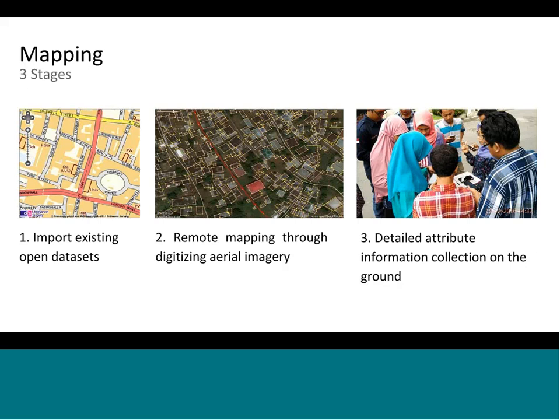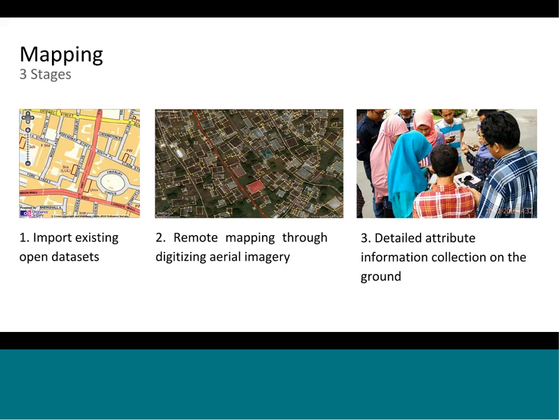Once that information is in OpenStreetMap, it's a lot easier to go out on the ground and collect detailed attribute information, normally through an Android phone app called OpenMapKit, which lets you customize your questionnaires to make it very easy through multiple choice to see what information you should be collecting.